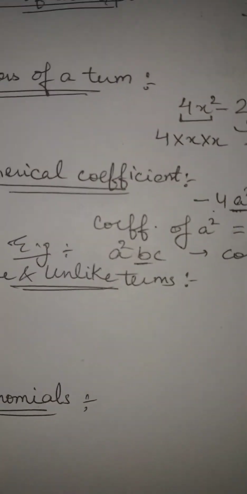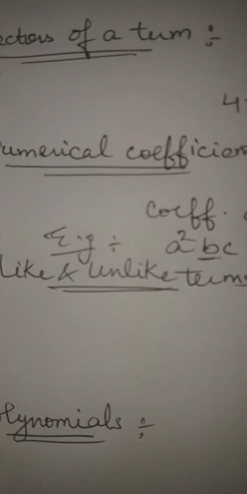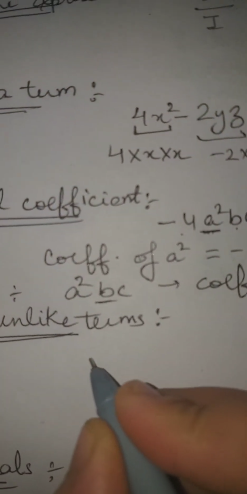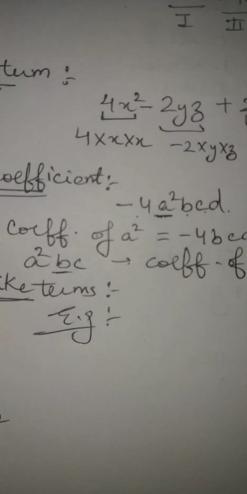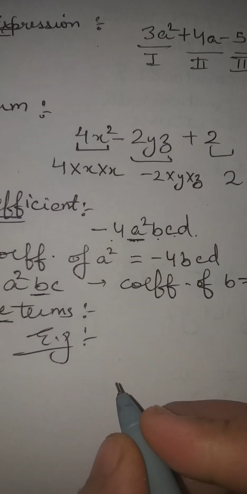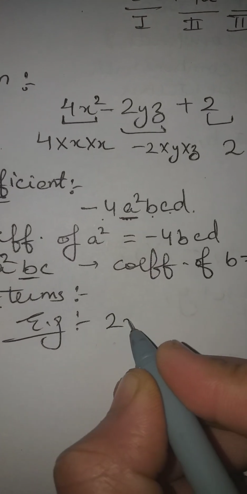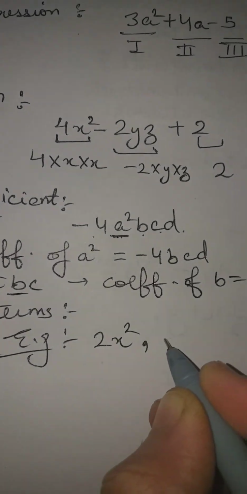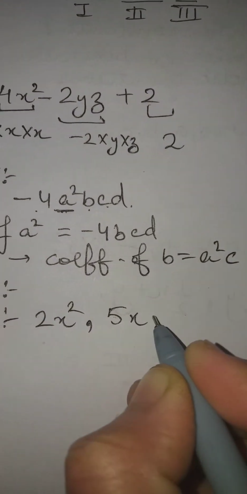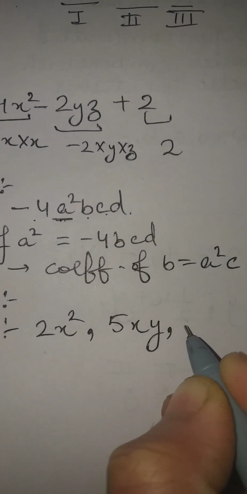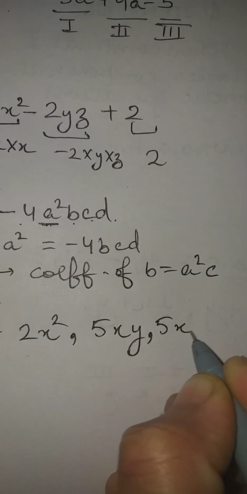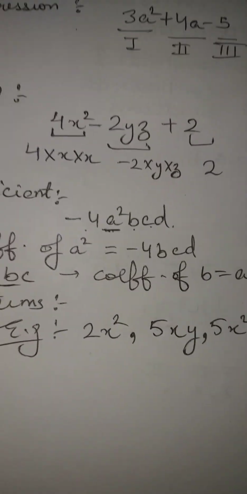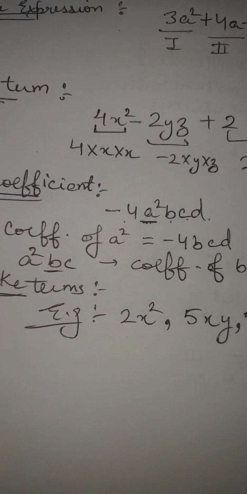Next are like and unlike terms. Let us discuss with an example. If we have 2x square, 5xy and 5x square, we have to identify whether we have like terms or not.